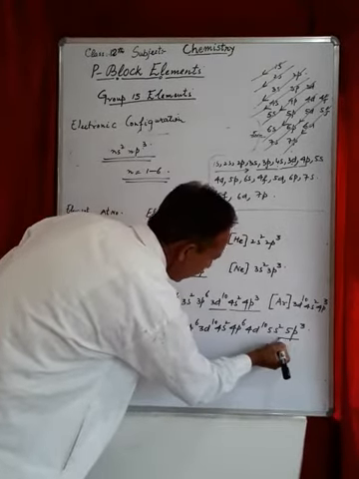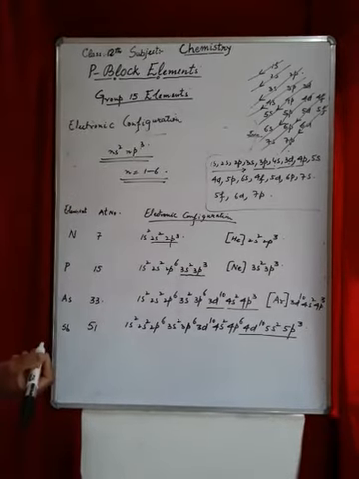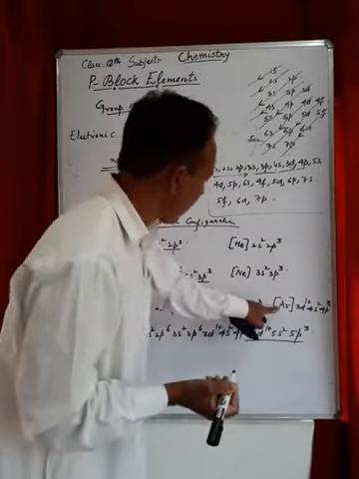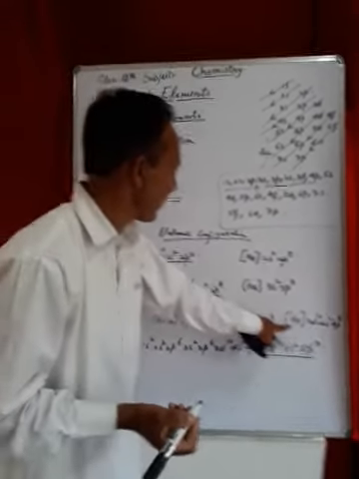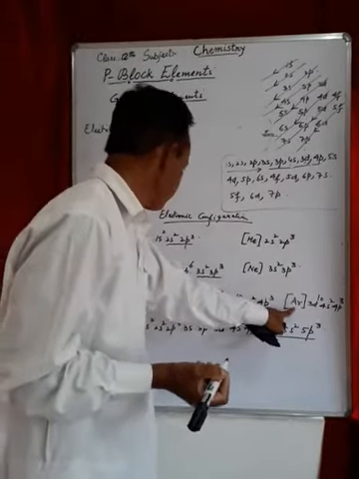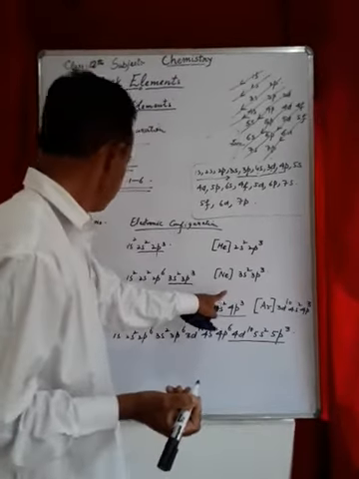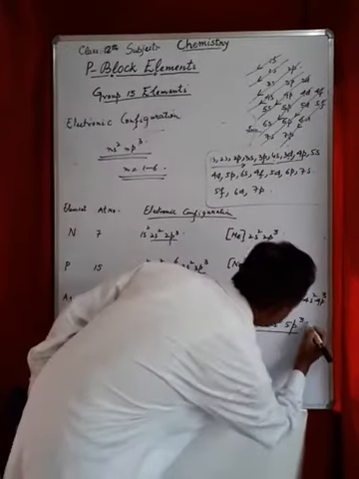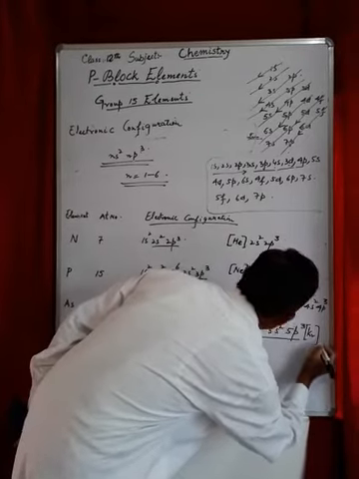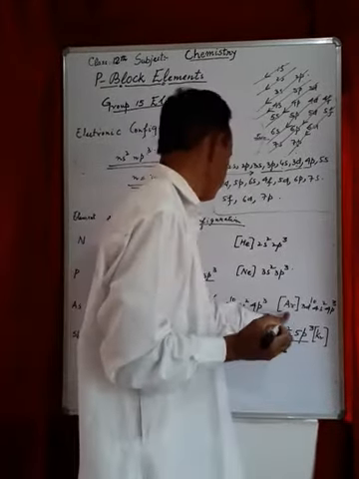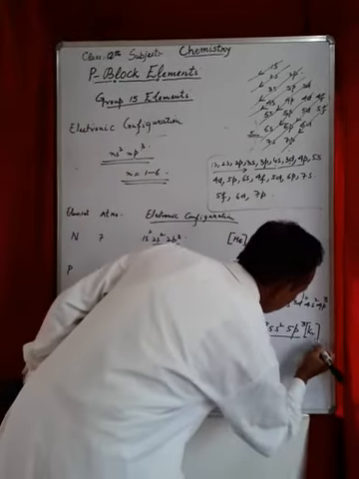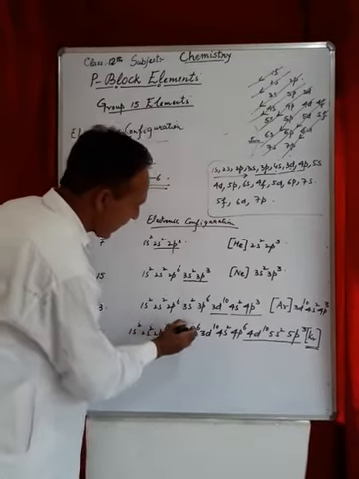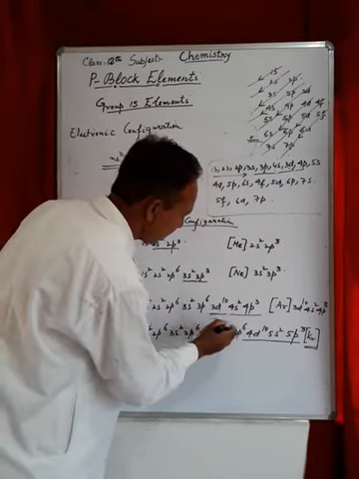With the noble gas core: helium, neon, argon, krypton. Krypton has 36 electrons: 2, 4, 10, 12, 18, 28, 30, 36.